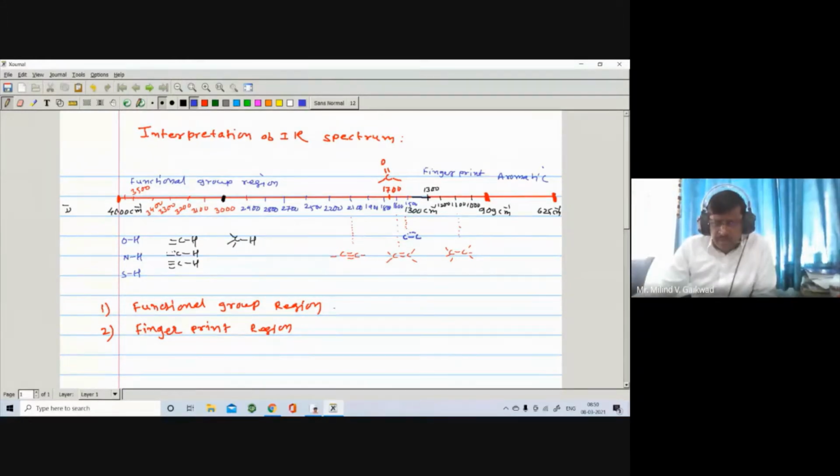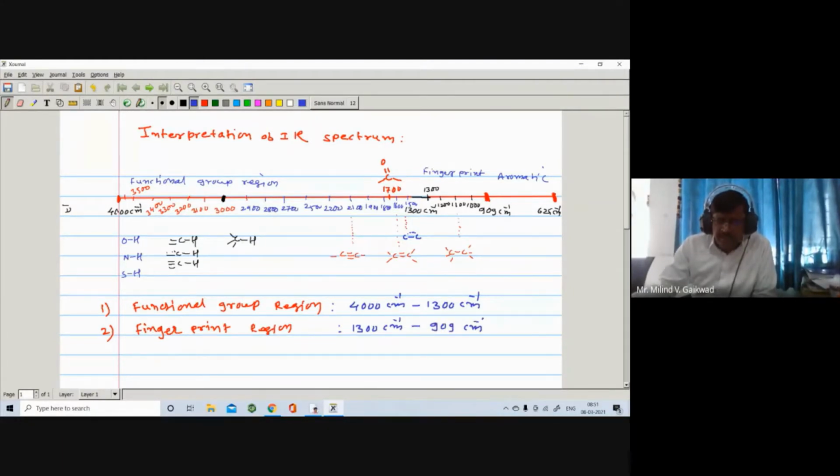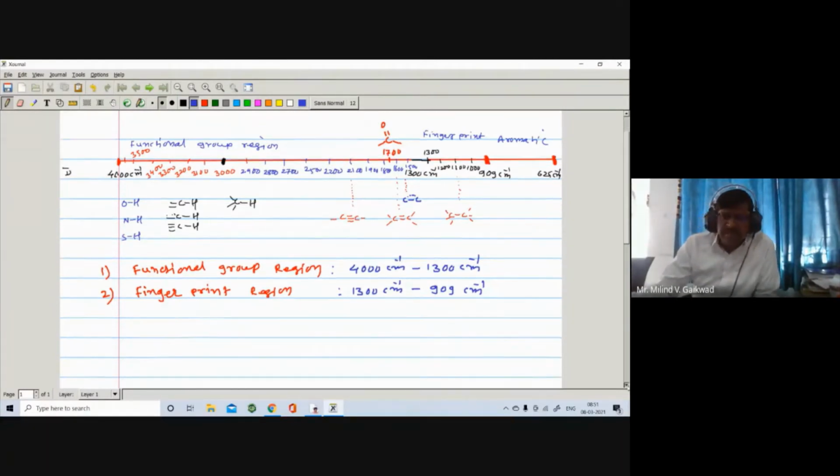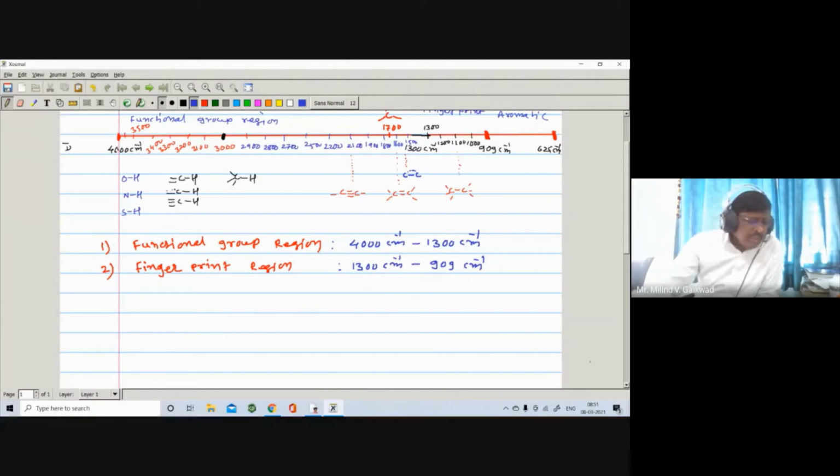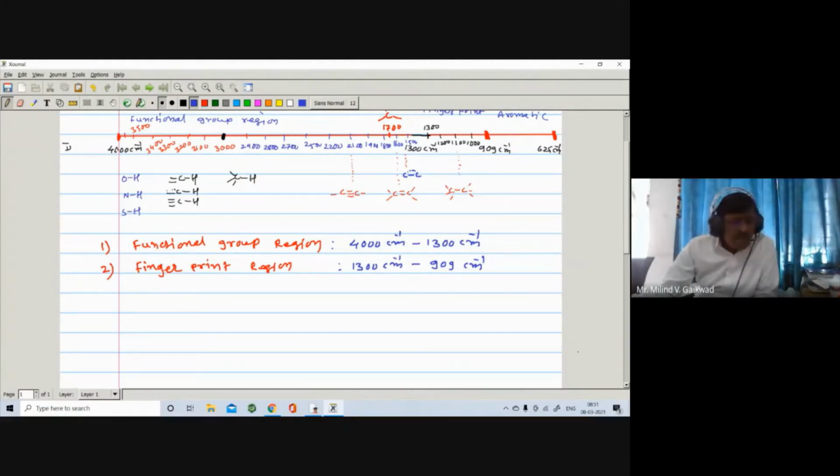For the functional group region, the range is 4000 centimeter inverse to 1300 centimeter inverse. For the fingerprint region, it is 1300 centimeter inverse to 909 centimeter inverse. What is the use of this fingerprint region? This region is useful to compare the sample.